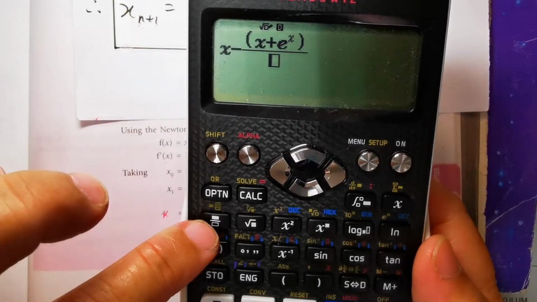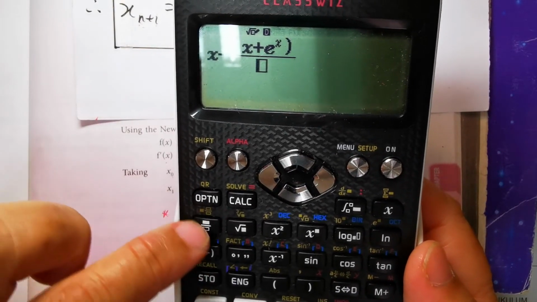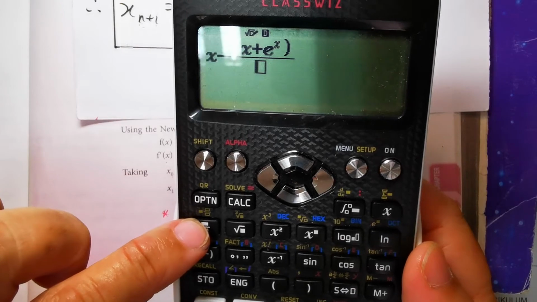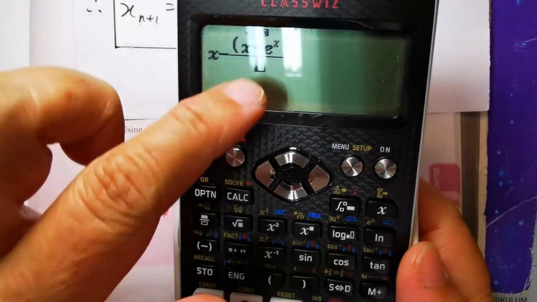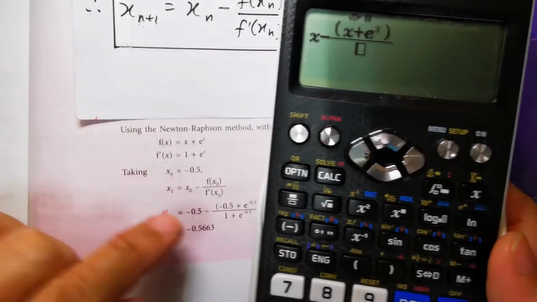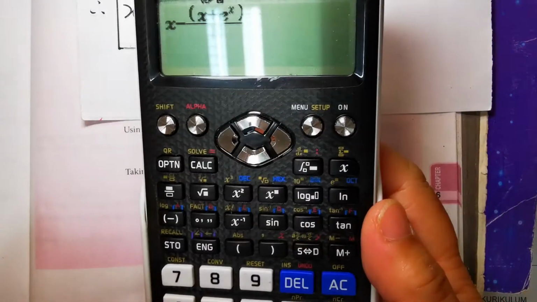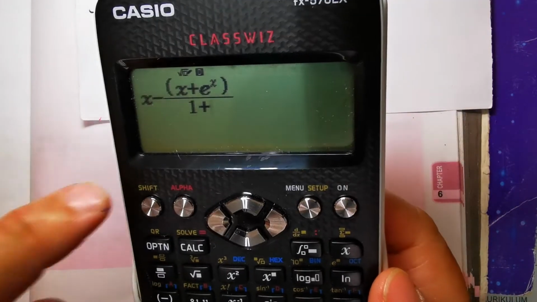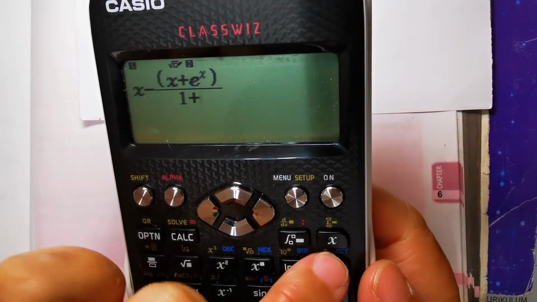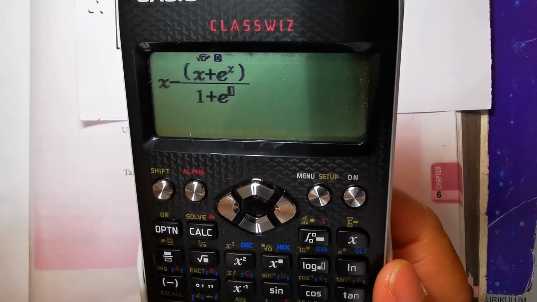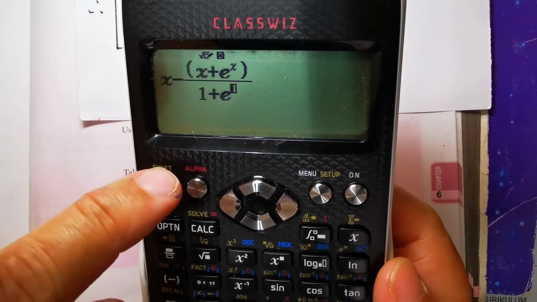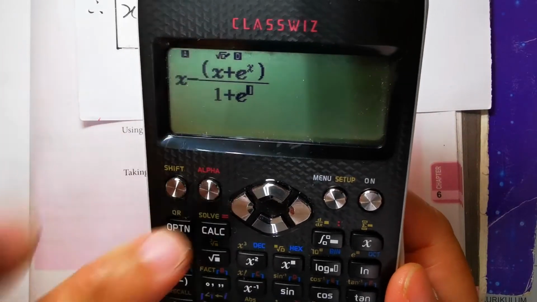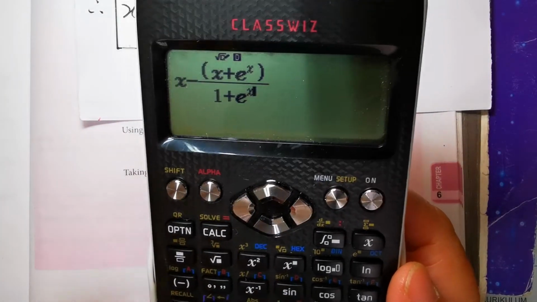See that? Press the fraction button. Then below here is f'(x), so your f'(x) just now is 1 plus e^x. So 1 plus, you can see e is this button here. E, the power is x. So wherever you want to press x, you have to press the pink color alpha and choose the x.